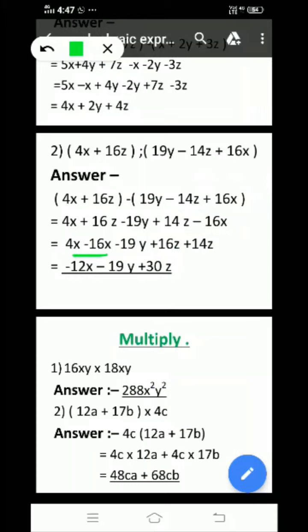Now plus 16z plus 14z: both are plus, so there is addition and the answer will be 30z. Okay, is it clear to you?